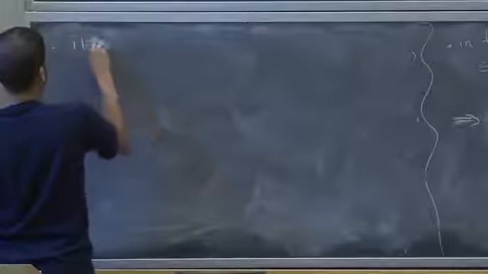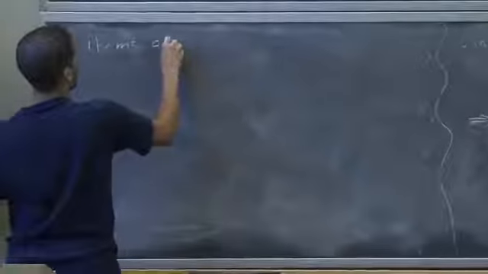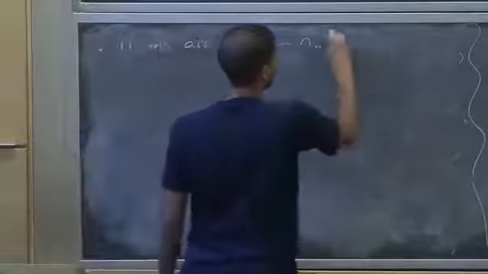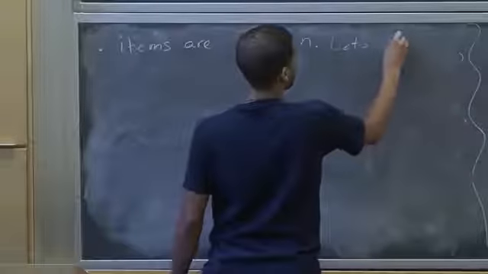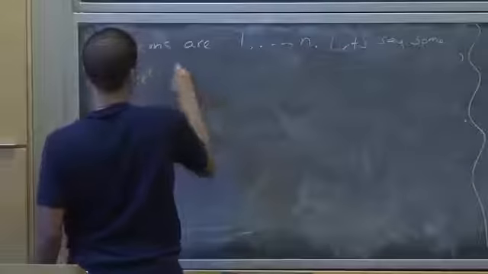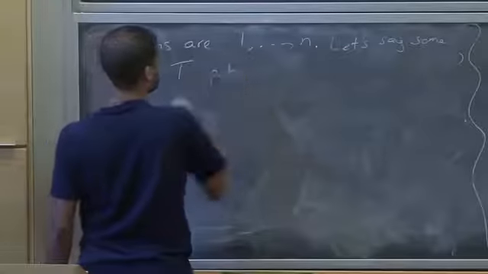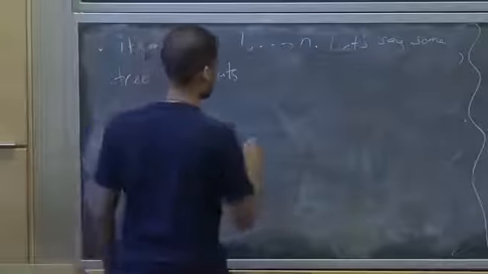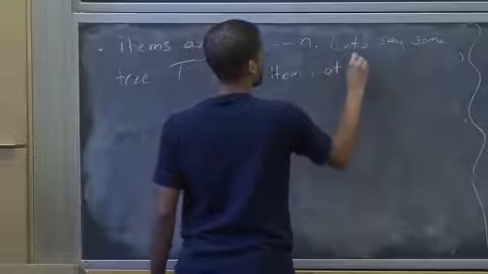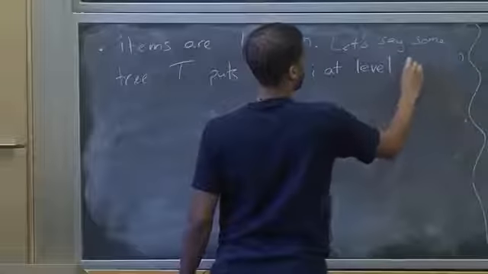So the items, let's say, are 1 up to n. Let's say some tree T puts item i at level L sub i.